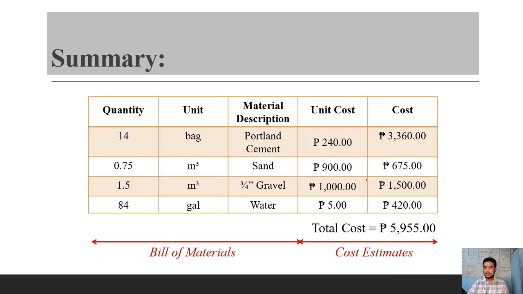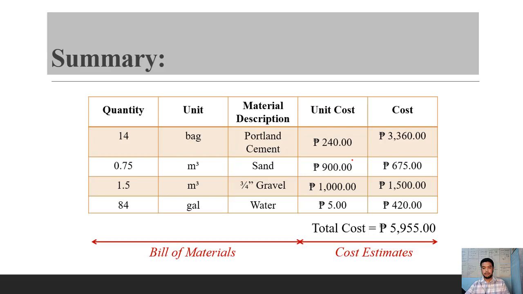Now if we summarize all of the quantity, you ordered 14 bags, 0.75 cubic meters of sand, 1.5 cubic meters of gravel, and 84 gallons of water. So 14 times 240, because this is the price per bag of cement. So in cement alone, you already spent 3,360.